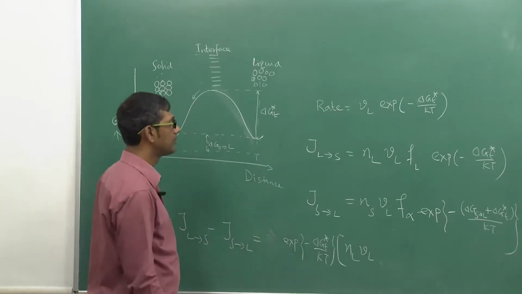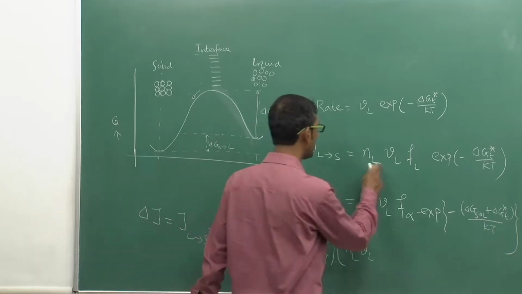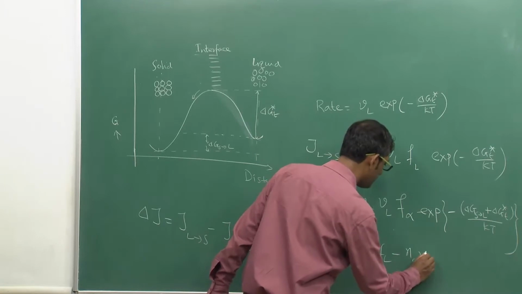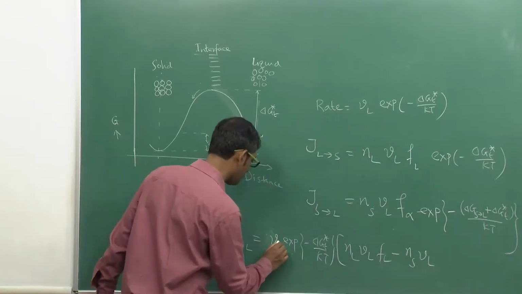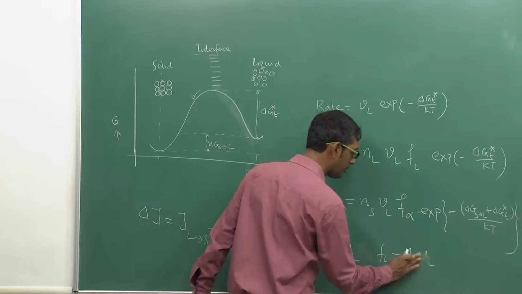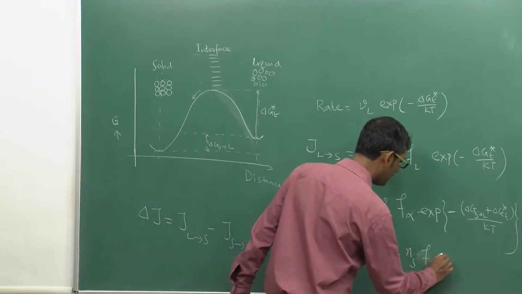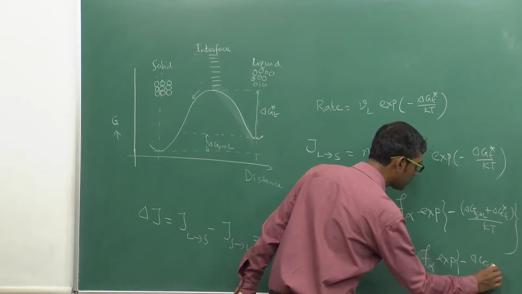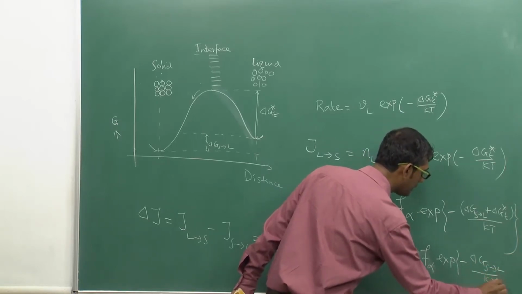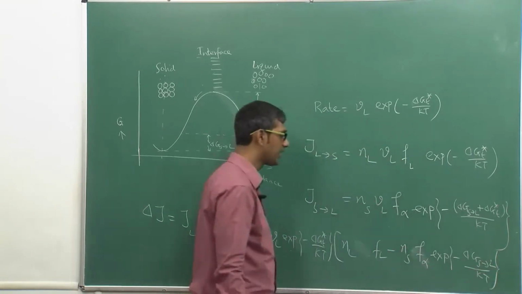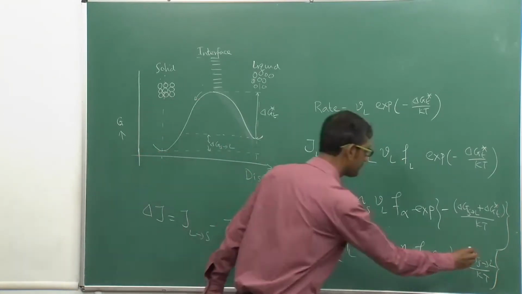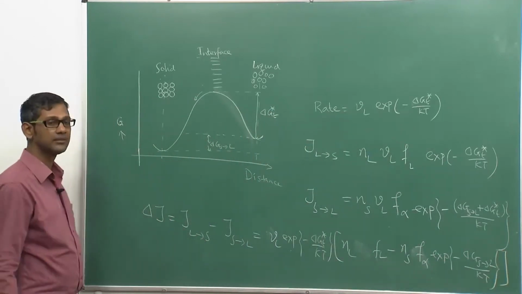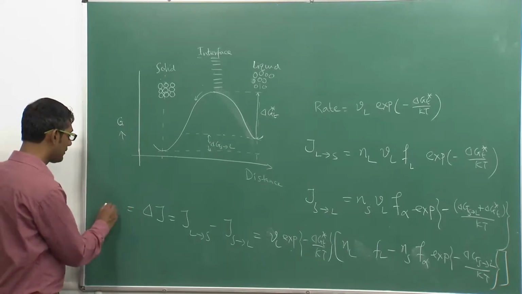So only this factor I can take out. So NL minus NS, oh sorry, nu L can be taken out, yes, it's common, and then the factor with exponential of minus delta G solid to liquid by KT. That is basically my net flux, and that's nothing but the growth rate.